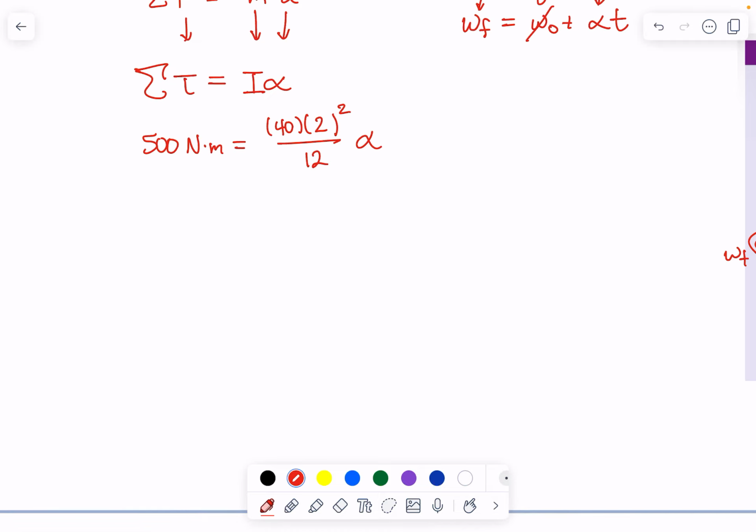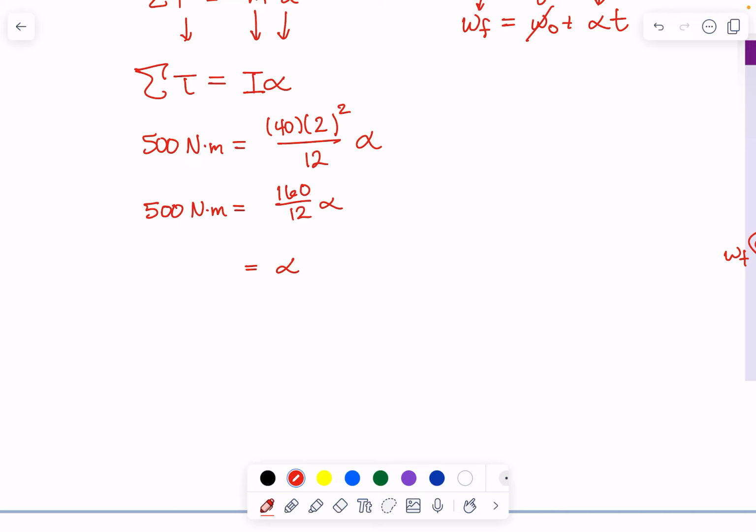Cool. So this is going to be 500 newtons times meters is equal to 40 times 4. That should be 160 over 12 times alpha, right? So alpha is going to be... I'm not sure why I'm writing the units here. It's just sort of force of habit, but I'm not writing it on the right side.